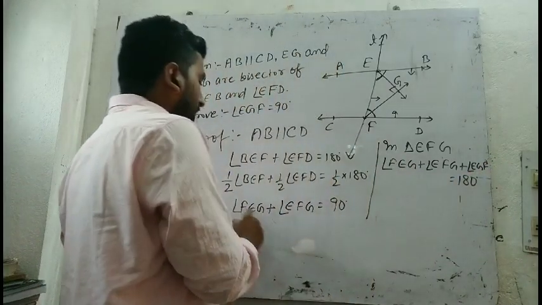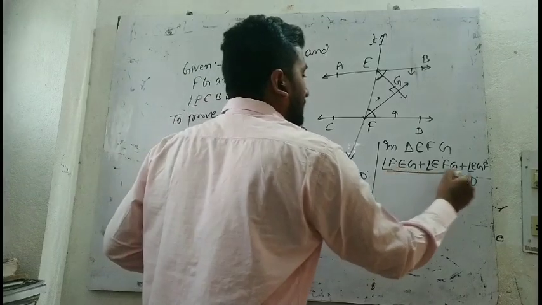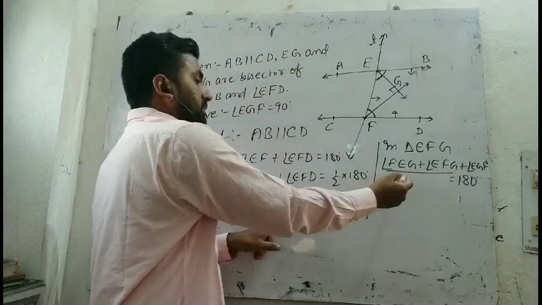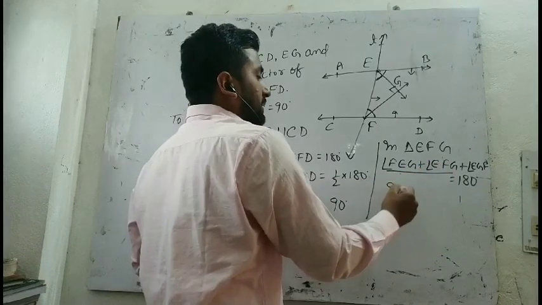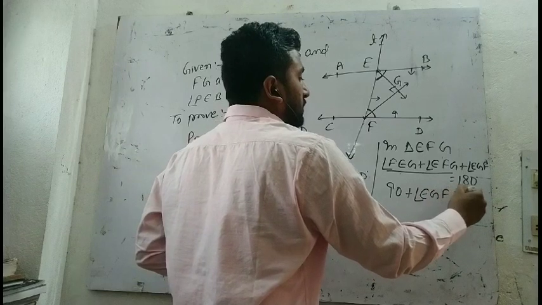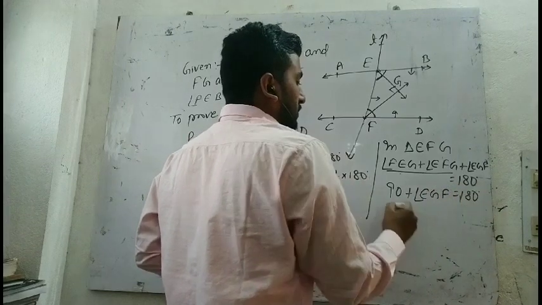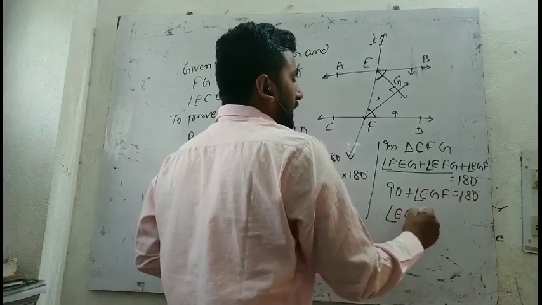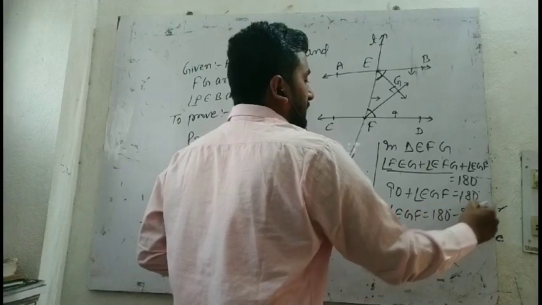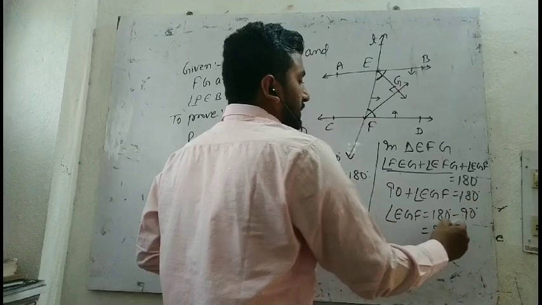And here the sum of FEG plus EFG is 90 degrees, so 90 degrees plus EGF is equal to 180 degrees. So angle EGF is equal to 180 minus 90, that is equal to 90 degrees.